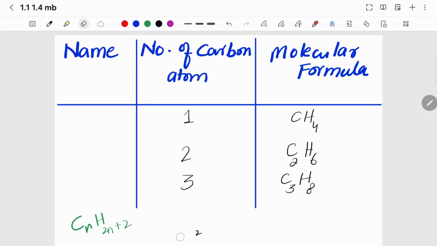Similarly, if I have carbon number 4, for example, then instead of N I will place 4 over here. H is 2 into 4 plus 2, so 2 4s are 8 plus 2, that will make 10. So the formula would be C4H10. I hope you have understood this.